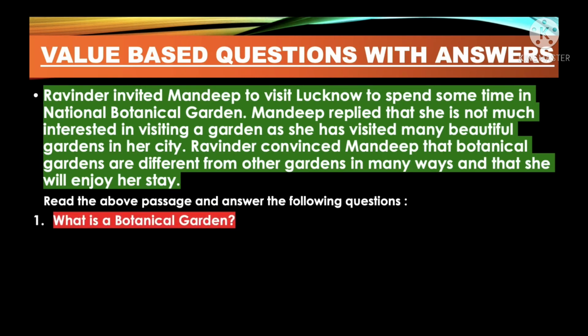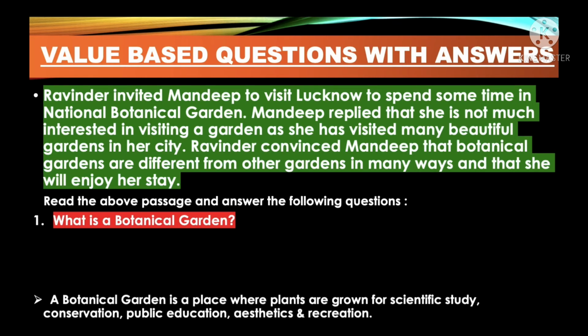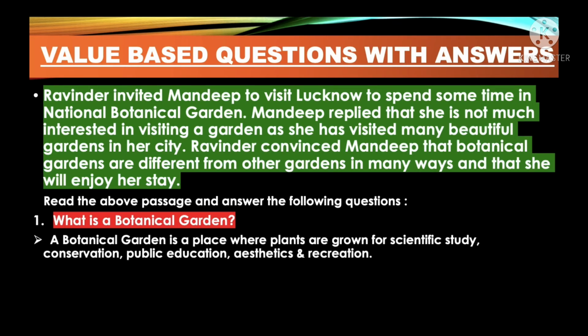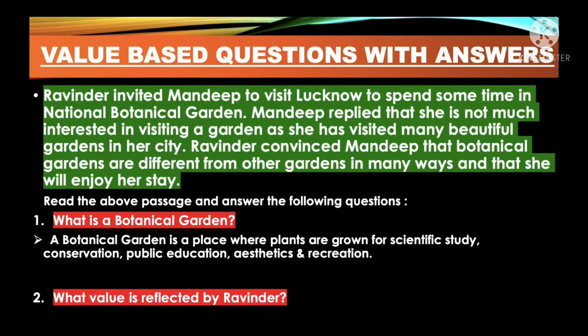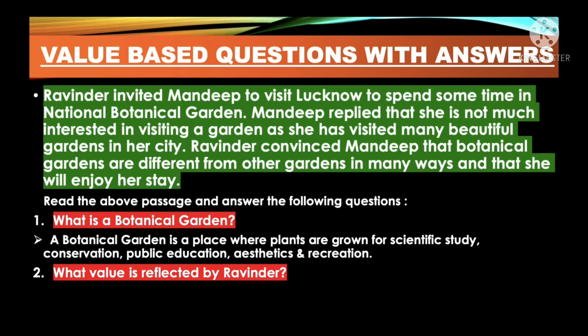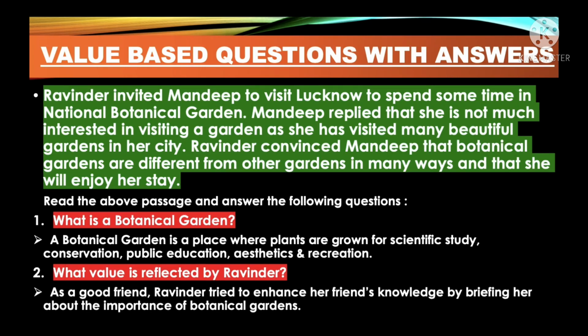First one, what is a botanical garden? A botanical garden is a place where plants are grown for scientific study, conservation, public education, aesthetics and recreation. What value is reflected by Ravindra? As a good friend, Ravindra tried to enhance his friend's knowledge by briefing her about the importance of botanical gardens.